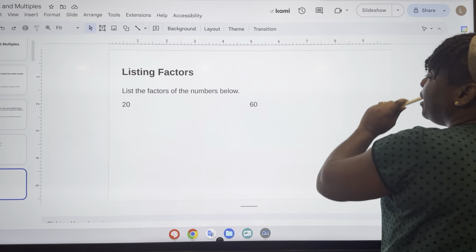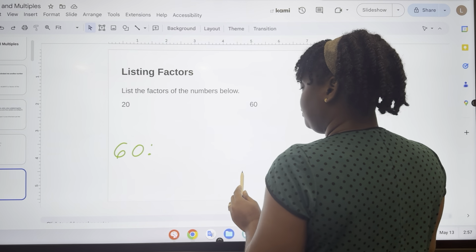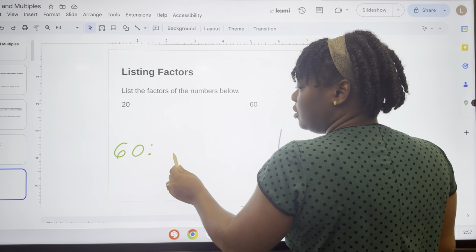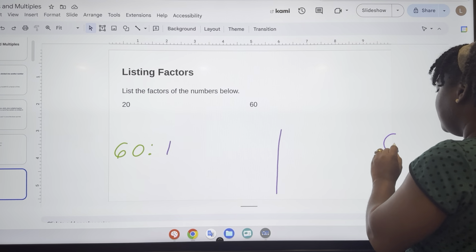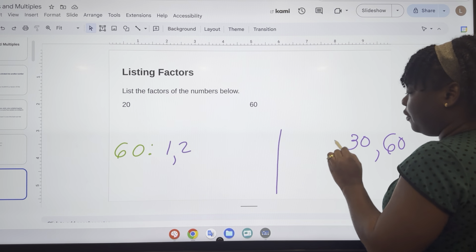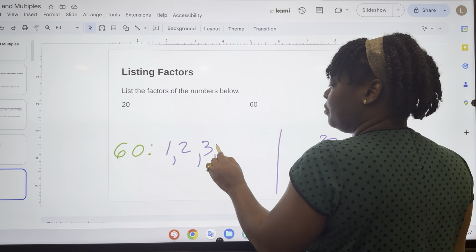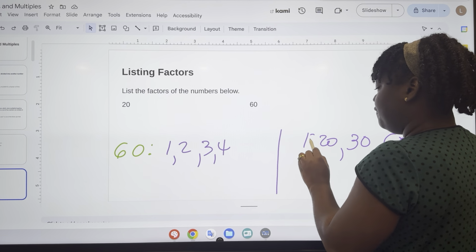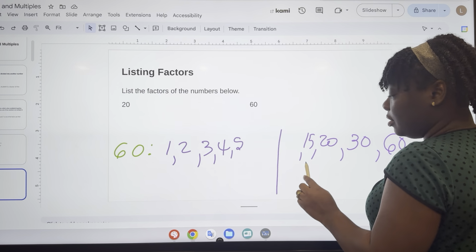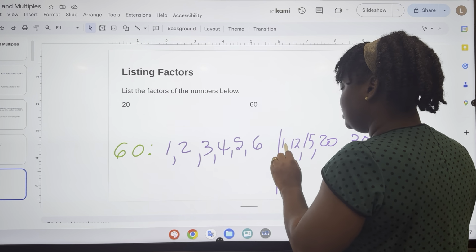Nice. Let's look at 60, which would be a little bit longer. And I'm gonna put my middle line again. First pair, 1 and 60, 2 and 30, 3 and 20, 4 and 15, 5 and 12, and 6 and 10.